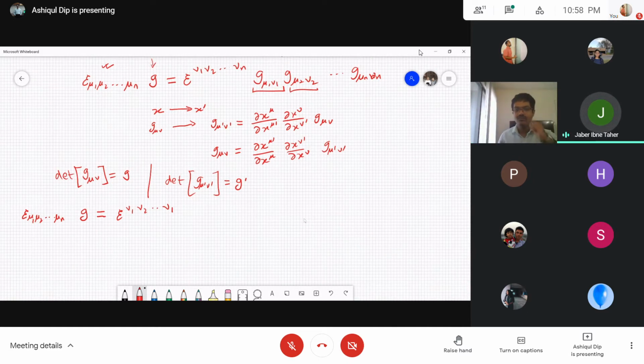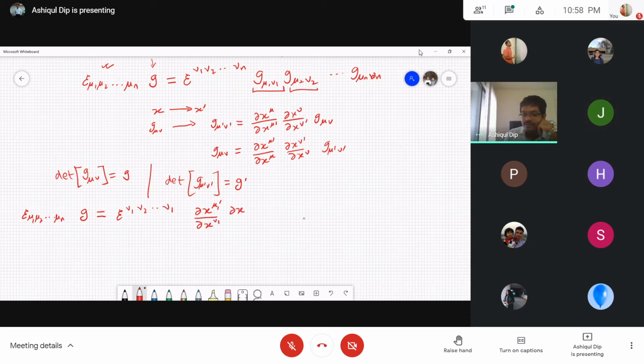I can substitute the term G mu1 nu1 by delta x mu1 prime by delta x mu1, delta x nu1 prime by delta x nu1, then G mu1 prime nu1 prime. We have multiple mu's, not just one, so let's call it mu1.